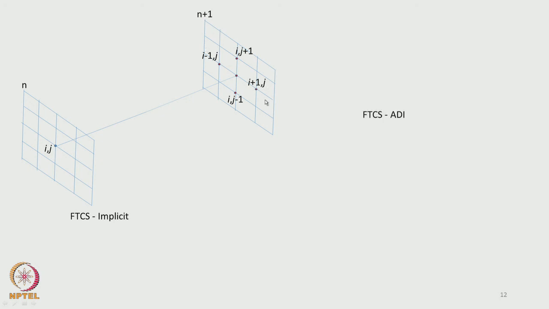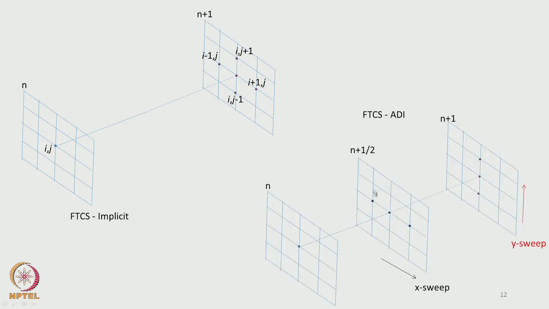For the same problem, if you do forward in time, central in space by the ADI method, we introduce one more plane at n plus half level, and at the n plus half level we do an x sweep, and then at n plus 1 level we do a y sweep.